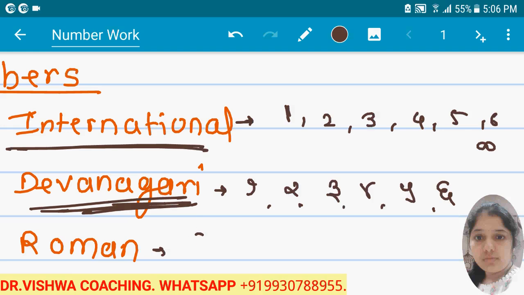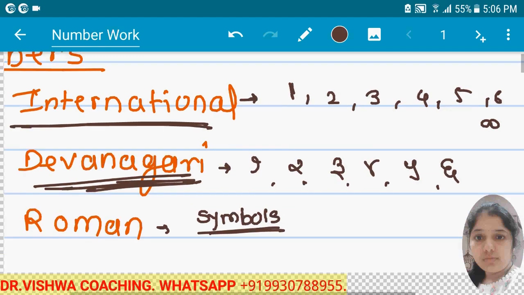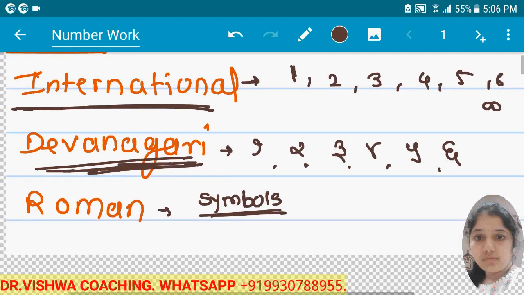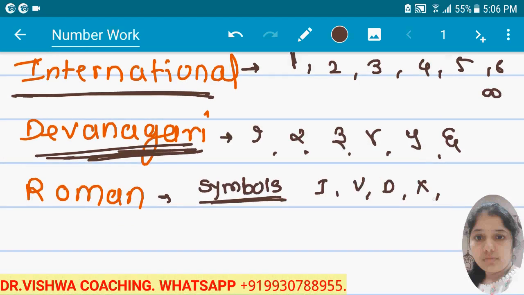We learned about the symbols that are used to represent Roman numbers, and which are those symbols: I, V, X, C, D and M, and L also.